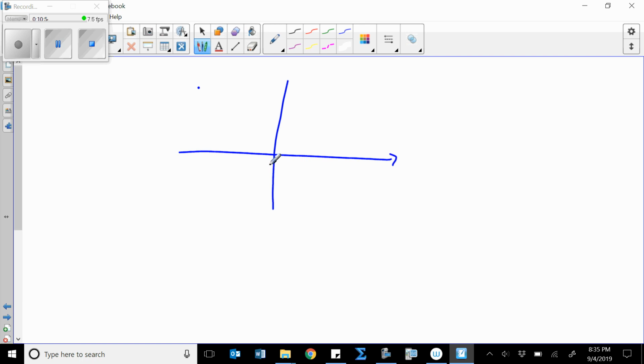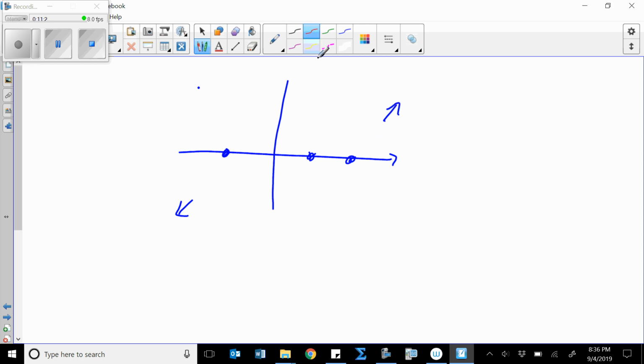In my graph, this is one of my x-intercepts, this is another one, and this is the other one, and the end behaviors are like this. So this is what we have learned so far to figure out about the polynomial, but we don't know what to do with these x-intercepts. We don't know what the behavior of my function is at these zeros.